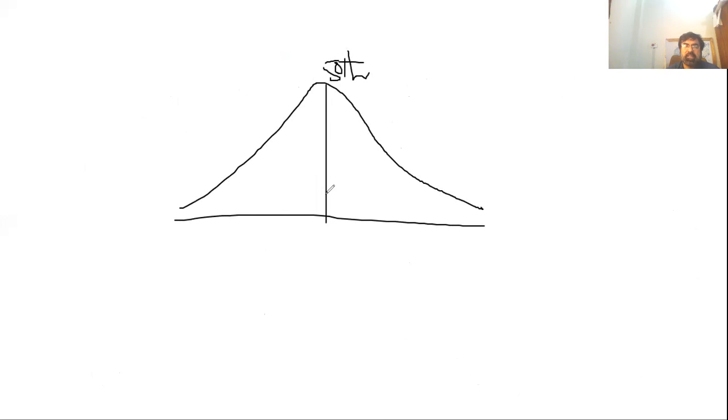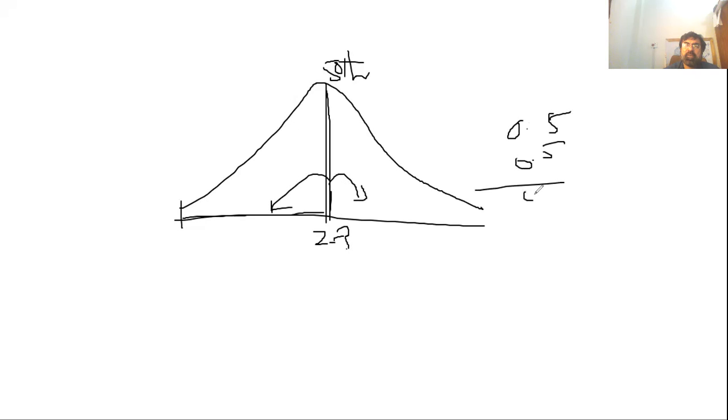Now what you have to do for the z-score, you have to subtract this area, 0.5, from 0.5, because this person has not moved either to the right or to the left. So you subtract 0.5 from 0.5 and it becomes 0. So the z-score is equal to 0.